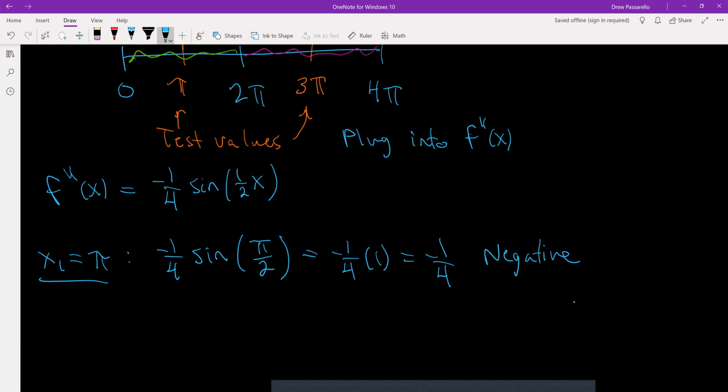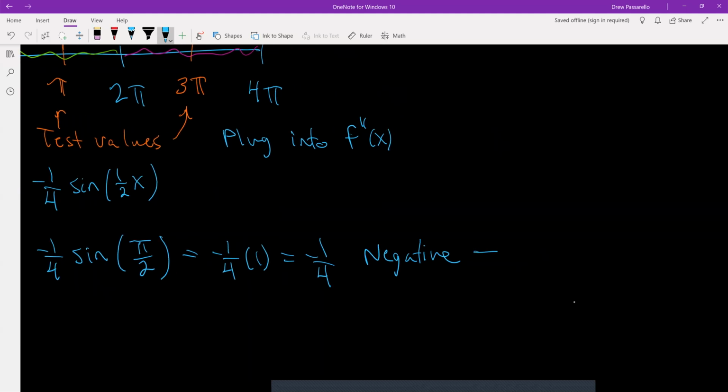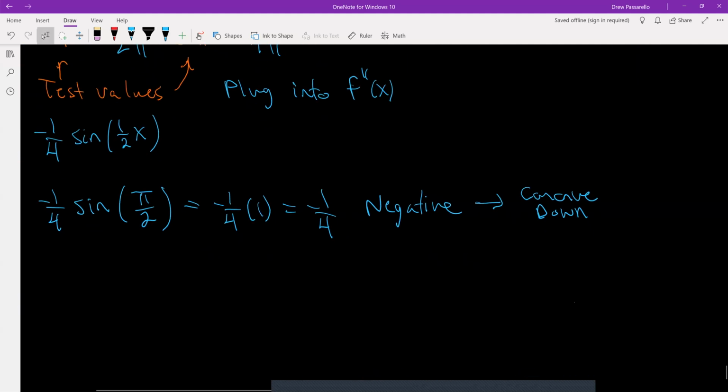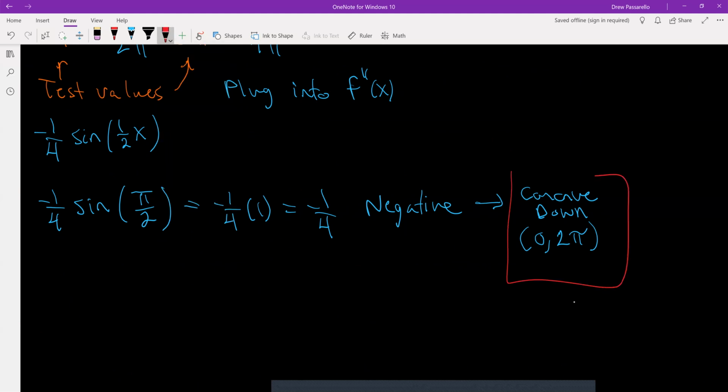All right, so since the second derivative is negative, that means it's concave down. And that test value came from 0 to 2 pi. Okay, so that's part of the answer as far as intervals of concavity.